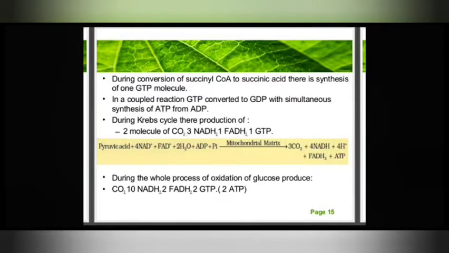So during the whole process of oxidation of glucose, this is the final product, which results in the formation of a total of 10 molecules of NADH2, 2 molecules of FADH2, and 2 molecules of GTP, which are equivalent to 2 ATP.